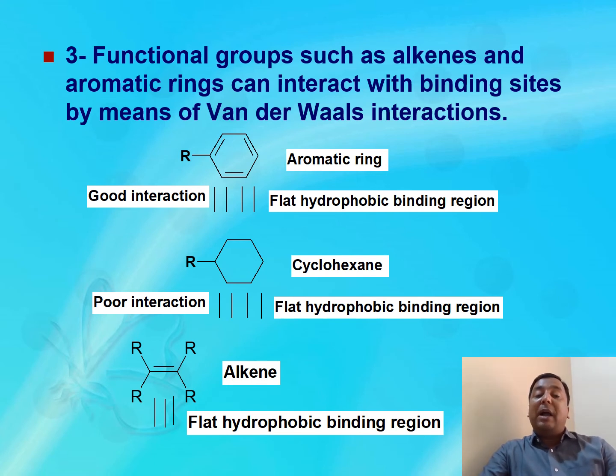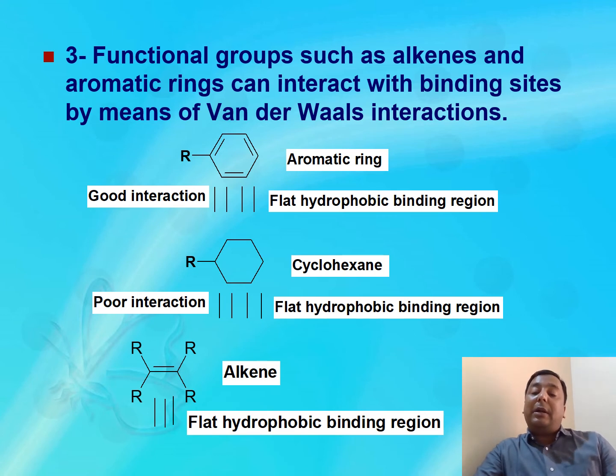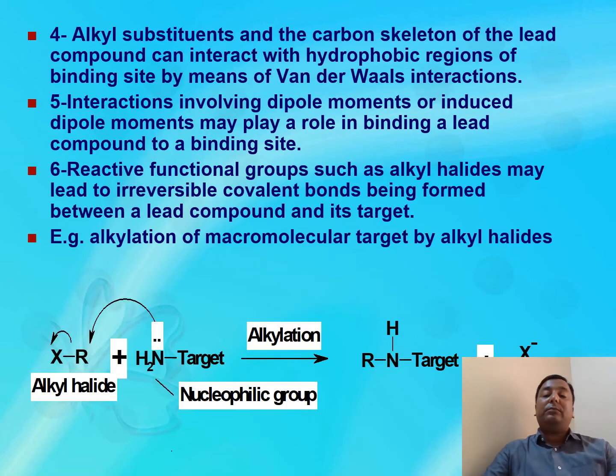Benzene compounds have better interactions than cyclohexane, right? And then the alkenes. These compounds have hydrophobic types of interactions, like van der Waals interactions, which cannot be seen, but the interactions will be there. So we must take care, if we identify compounds, we can optimize them by these means, by showing this type of properties and even analyzing these properties.